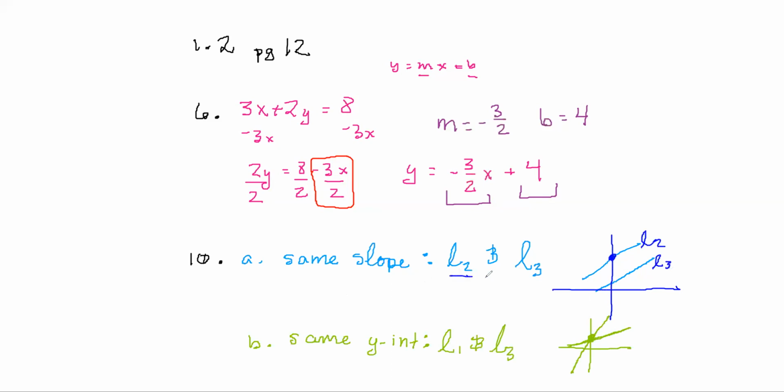So L2, larger y-intercept. And then down here for part B, which of these lines has the larger slope? We just talked about this too. We have L1 and L3, and L1 is going to have the larger slope. Okay.